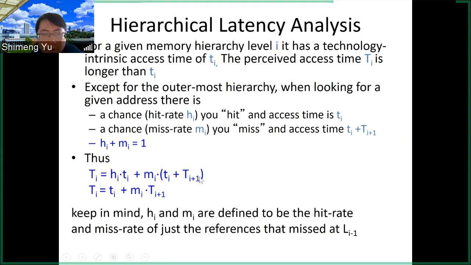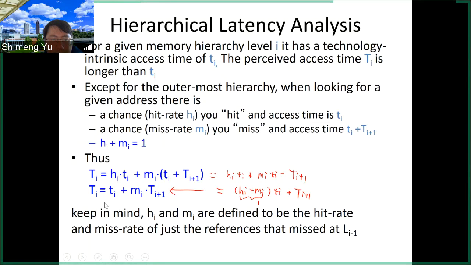Because you either miss or hit, the probabilities add up: Hi plus Mi will be 1. So you can rewrite this a little bit. That's why you have this equation here.